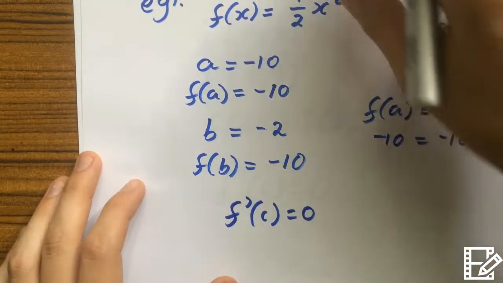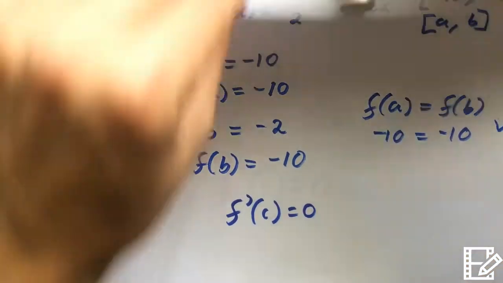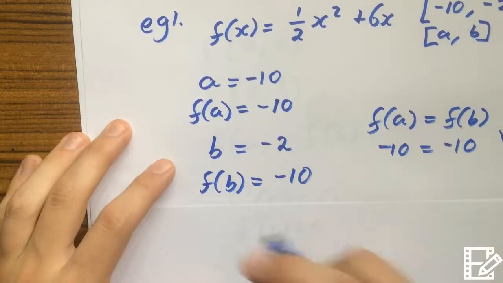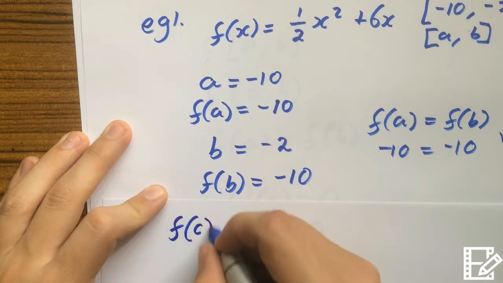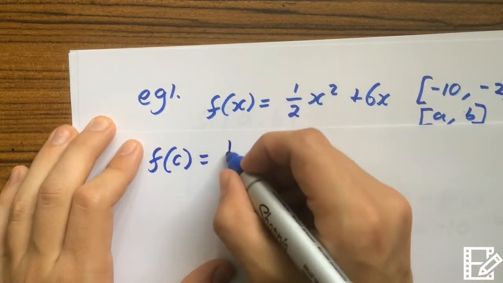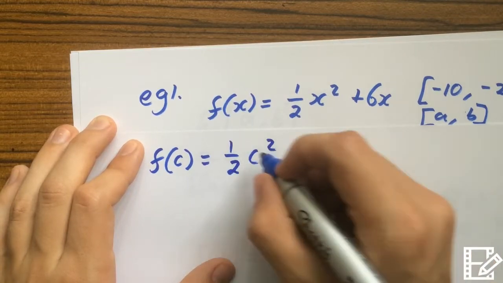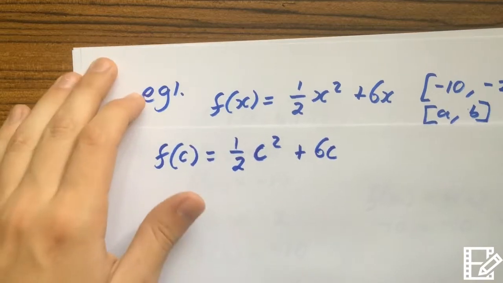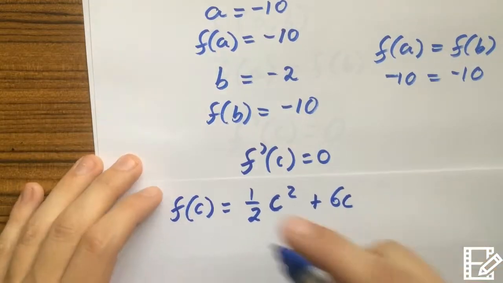Okay, so let's find f of c and then find the derivative. For f of c, we just replace all the x's with c's. So we have half c squared plus 6c. And now we've got to find the derivative.